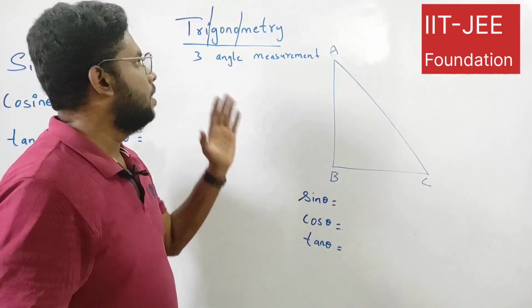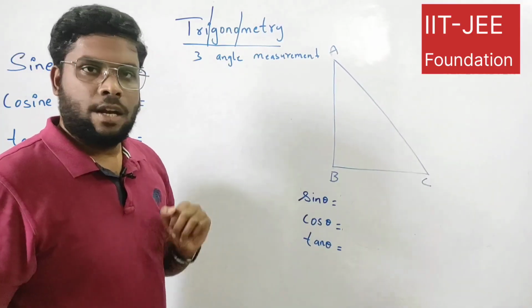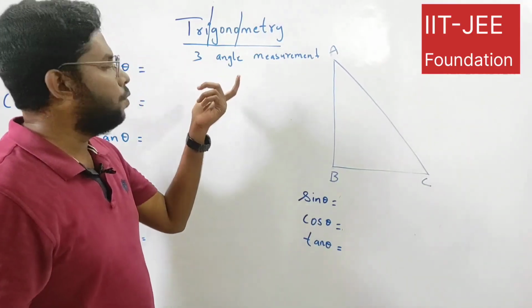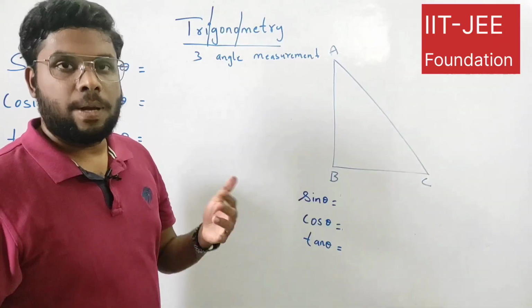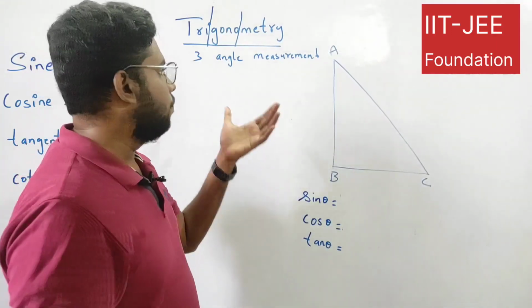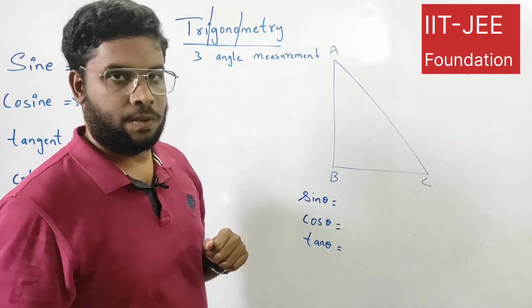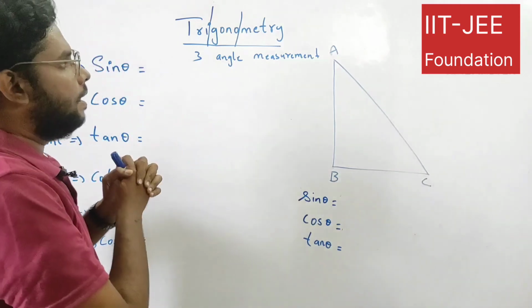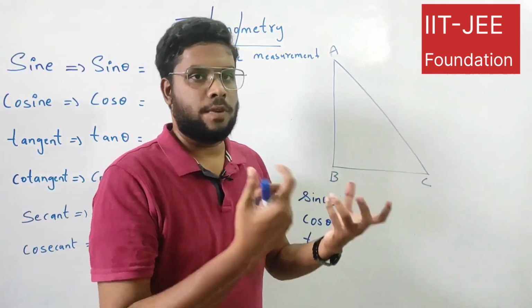Trigonometry is the branch of mathematics that deals with the study of angles, sides, and relationship between angles and sides in a triangle, is known as trigonometry. Okay, now the father of trigonometry is Hipparchus. Hipparchus is considered to be the father of trigonometry. Trigonometry means triangle and its measurement, in simple terms we can say that.